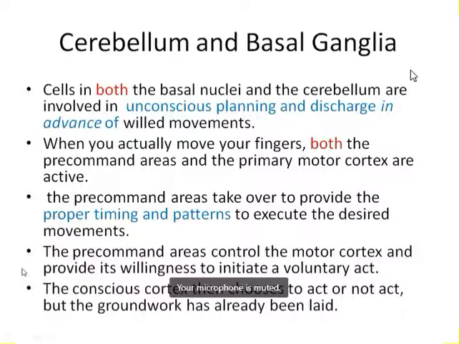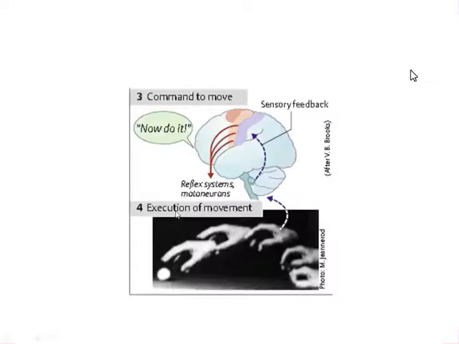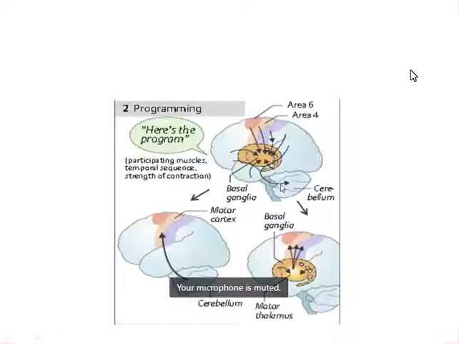The background has already been laid, which means that I have already told you. The planning and programming is already being made by the cerebellum and basal ganglia. They are already fired. The fired information is going to the motor areas, and whether you want to execute or not will depend entirely on your voluntary control.